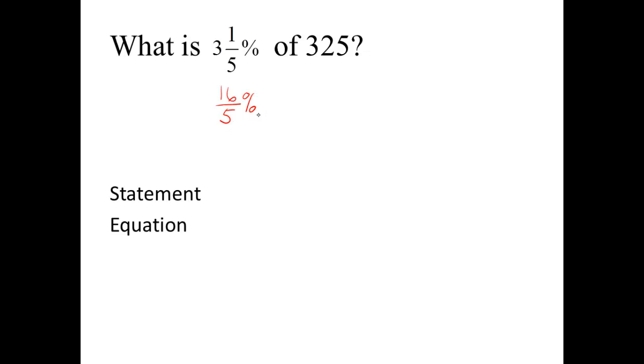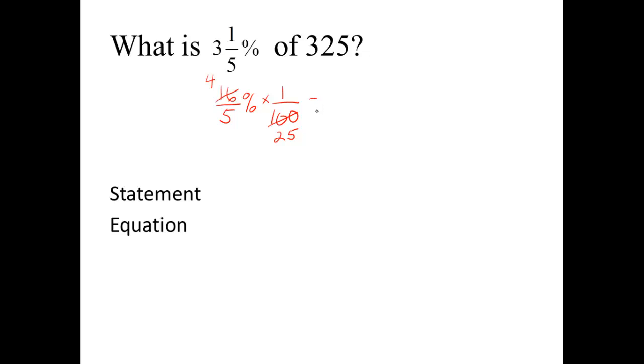This is in percent form, so to change a percent to a number, we need to multiply by 1/100. The 16 and the 100 have a common factor of 4, so we will divide the 16 by 4 and get 4, and the 100 by 4 and get 25.